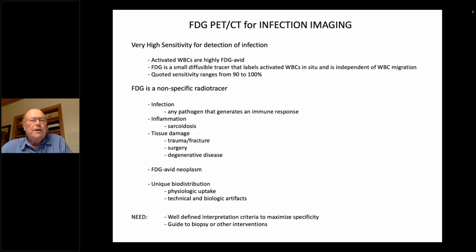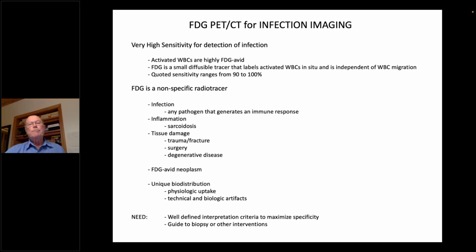It's also positive with sterile inflammation, and the prototype condition is sarcoidosis, but also included are a variety of inflammatory conditions, ranging from sarcoid, which can be intensely active, to lymphadenitis from recent vaccination. More relevant to infection imaging is inflammation associated with healing tissue damage, such as from trauma, surgery, or advanced degenerative disease.